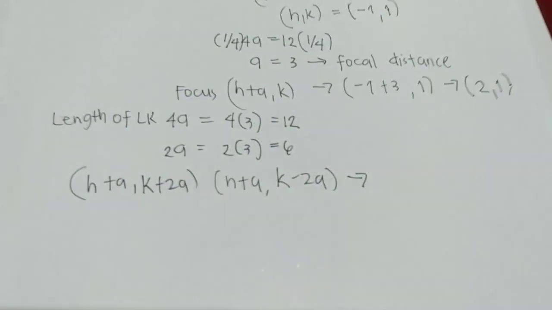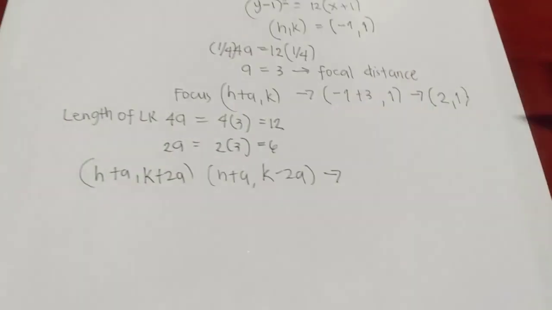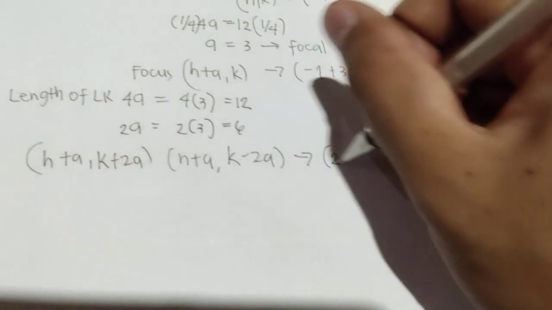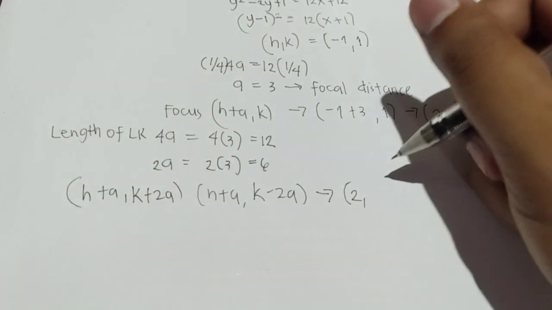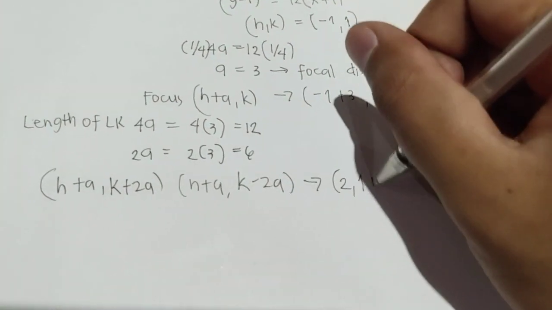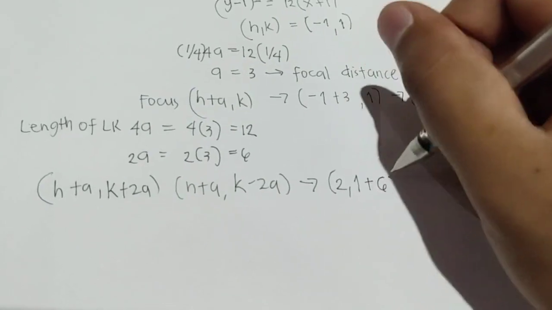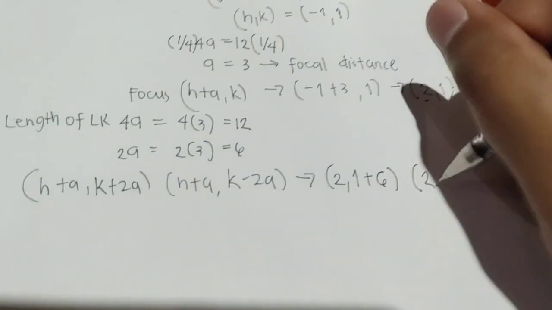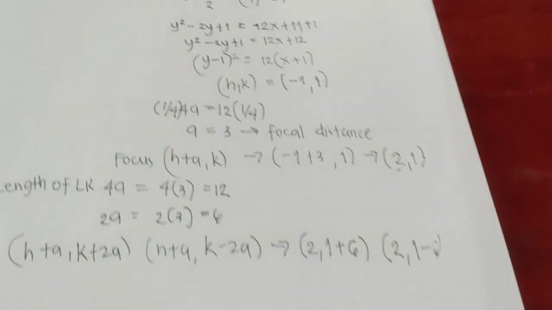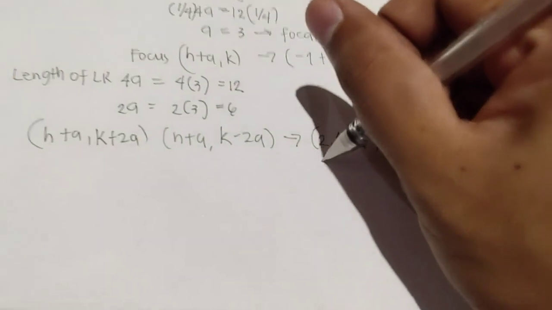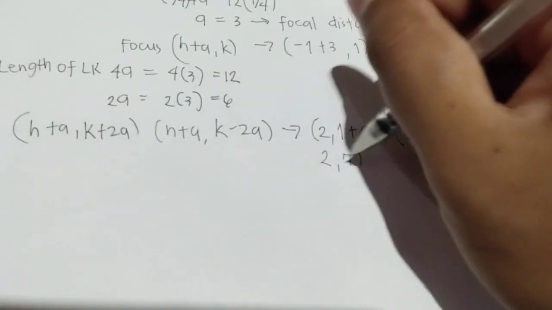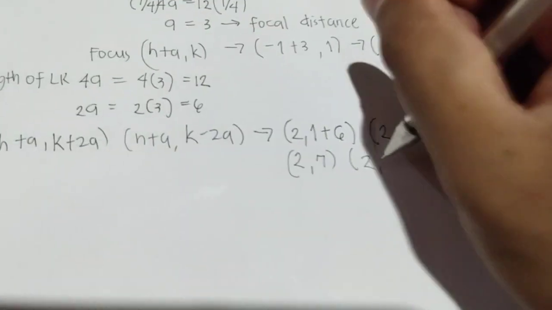So we have here h plus a is 2, and k is 1 plus 2a, which is 6, and then (2, 1 minus 6). Therefore, the endpoints of the latus rectum are (2, 7) and (2, negative 5).